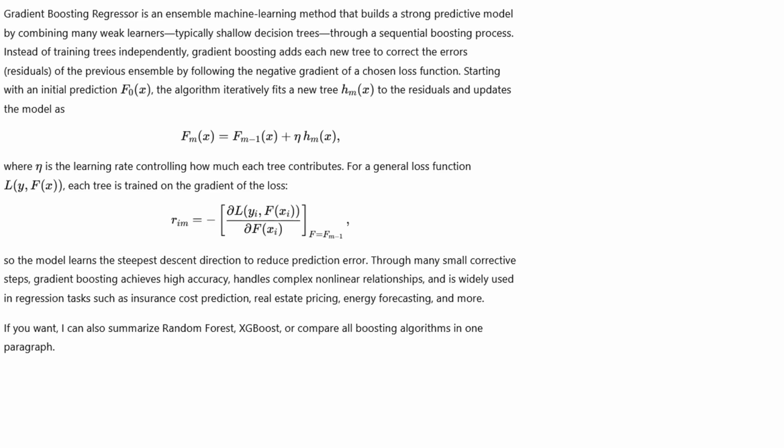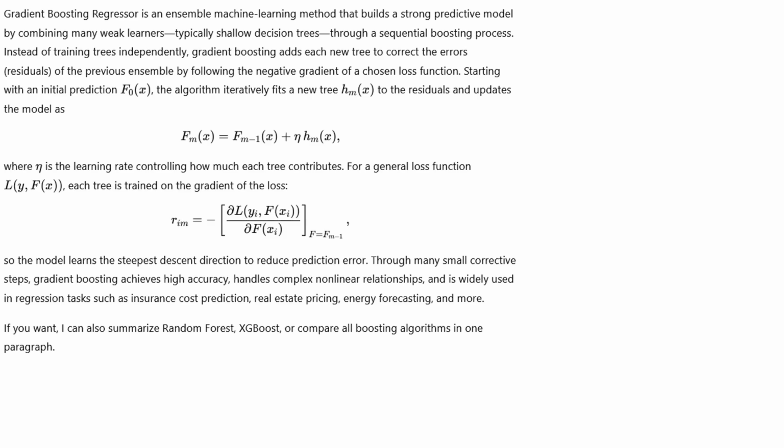Now let's take a moment to explain what the gradient boosting regressor is. Gradient boosting is an ensemble method, which means it builds a model by combining many smaller models. Instead of training one large decision tree, it builds many small trees, one at a time. Each tree focuses specifically on the errors made by previous trees, gradually improving the overall prediction.